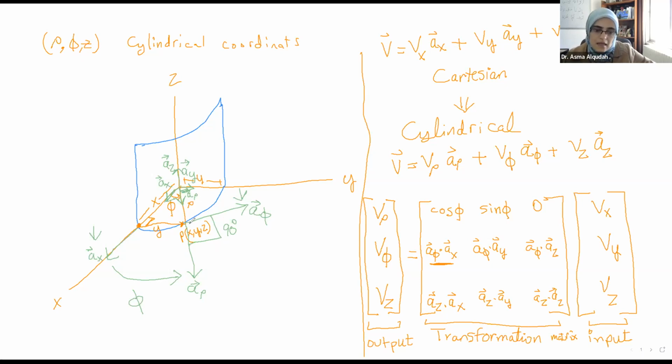This is the angle we are trying to find. It's equal to phi plus 90.